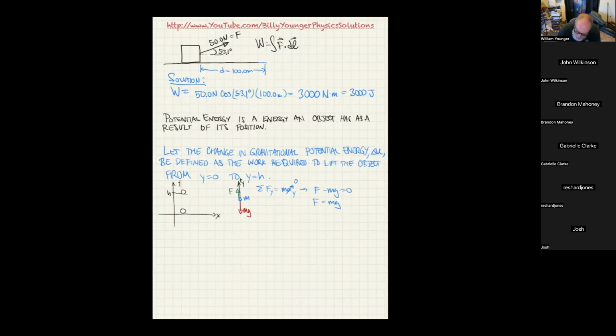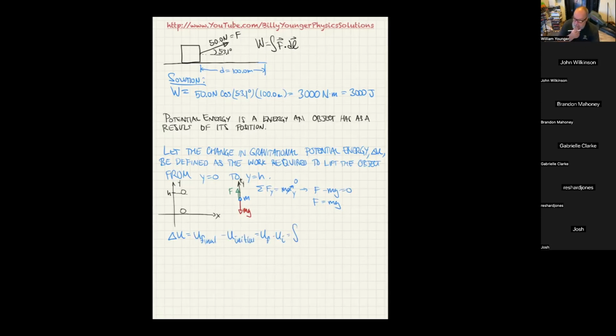So now I can say, let's do it in blue, delta U, which is U final minus U initial, normally written U sub F minus U sub I, is equal to the integral of, now my force is the force that I'm applying to the object.